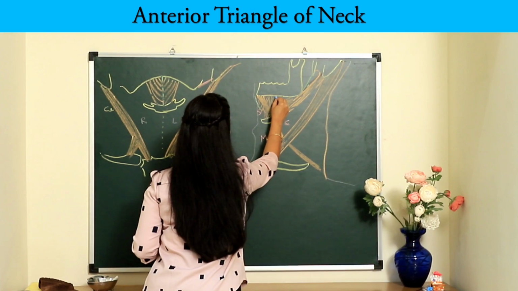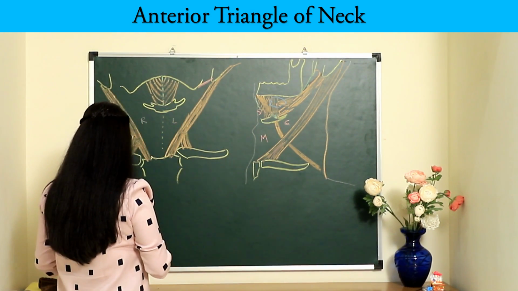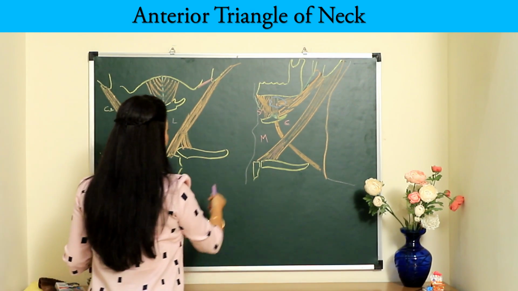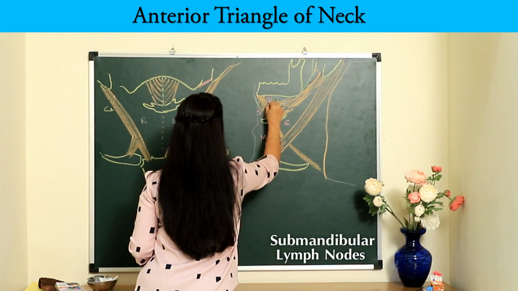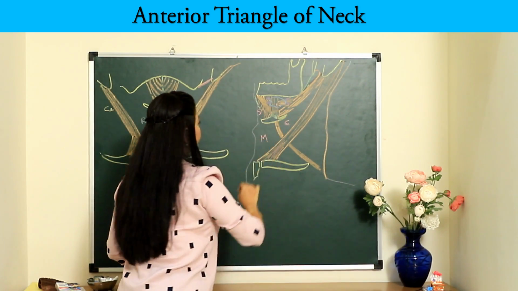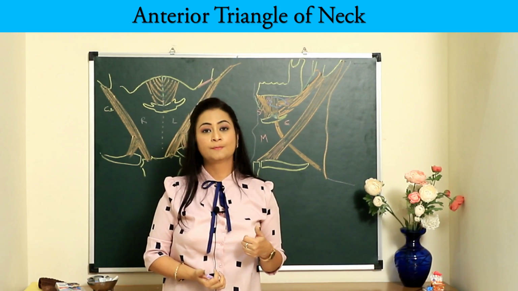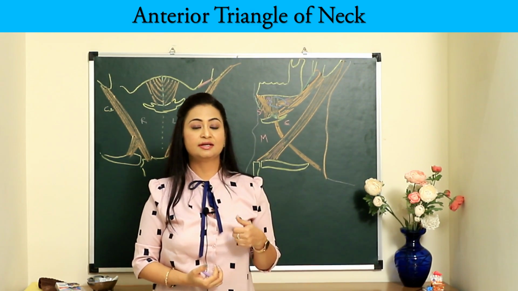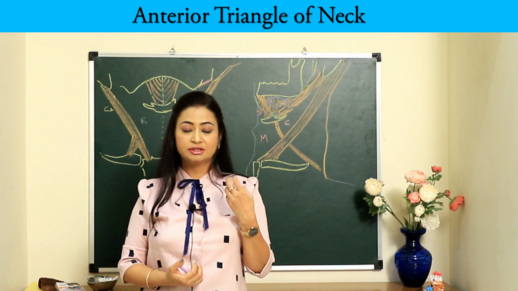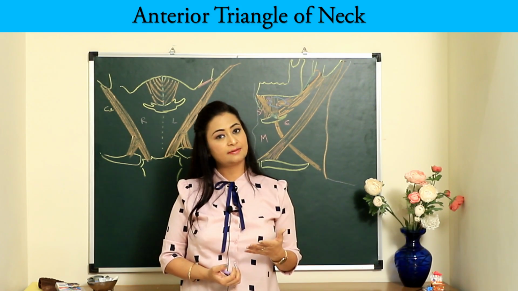So the submandibular gland lies over here, the superficial part of it, and you have the submandibular group of lymph nodes. Now these lymph nodes drain the area of the middle part of the forehead, then the nose as well as the maxillary, ethmoidal and the frontal sinuses, the upper jaw, the teeth and the gums of the upper jaw, and the anterior 2/3 of the tongue except the tip.